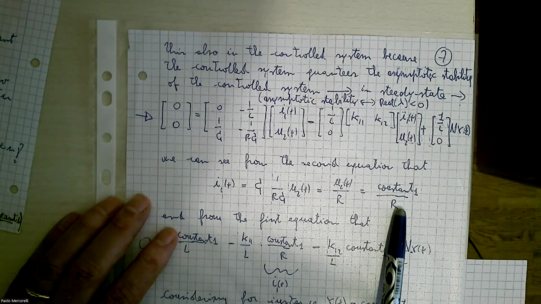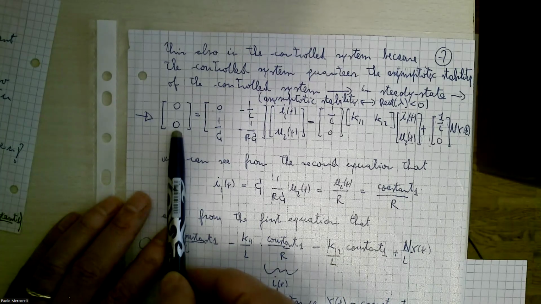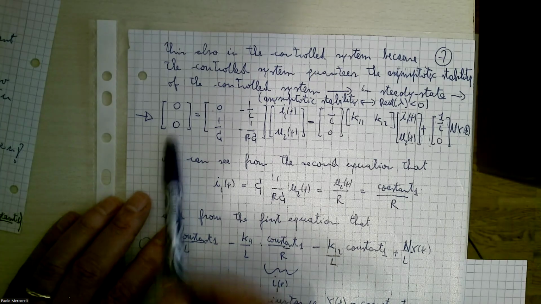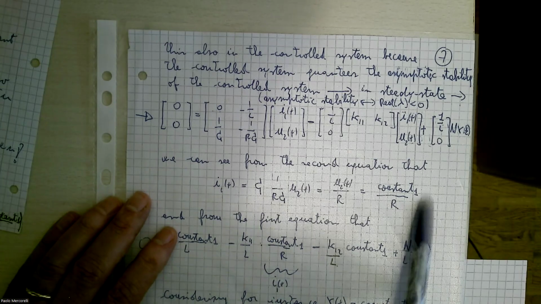If U2 is constant 1, the derivative of U2 with respect to time is 0. Therefore, I will end up with this equation.